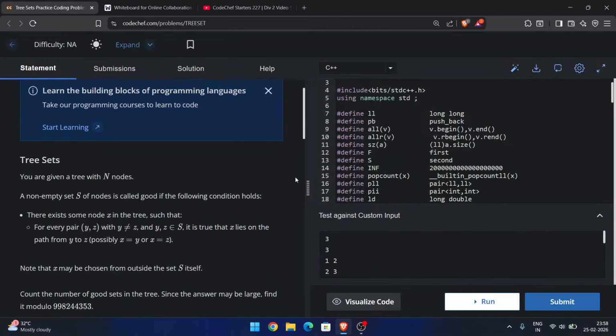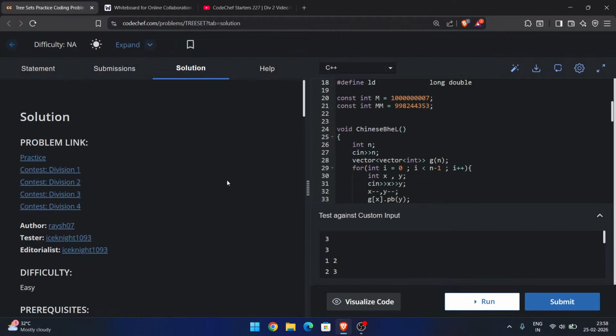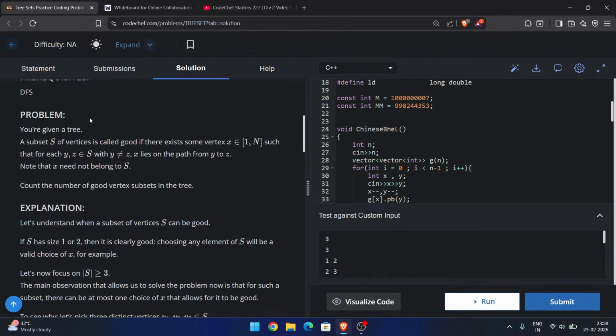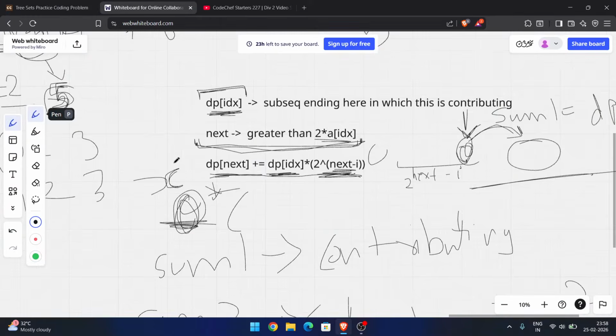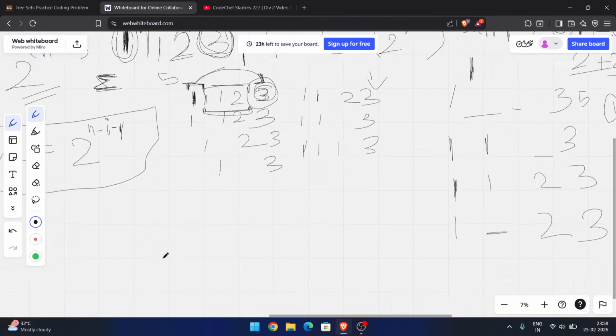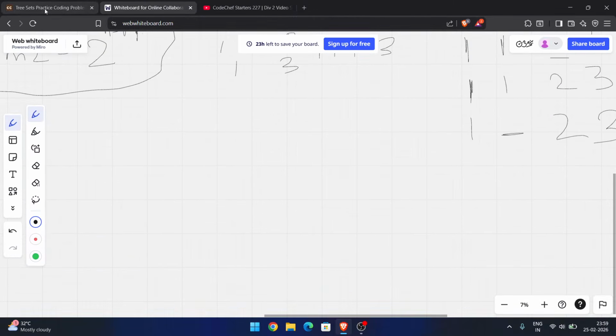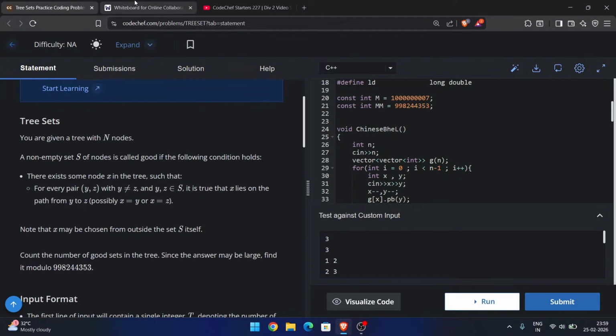The next question is reset. I couldn't solve it. I was not able to solve it in time during the contest. But okay, how did I approach this problem? Let's discuss that.